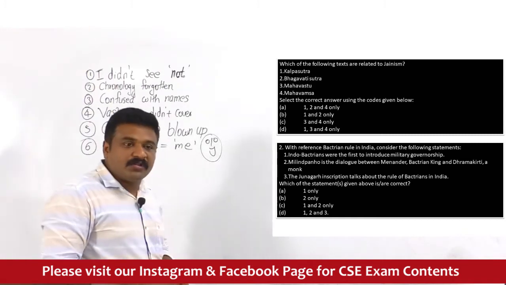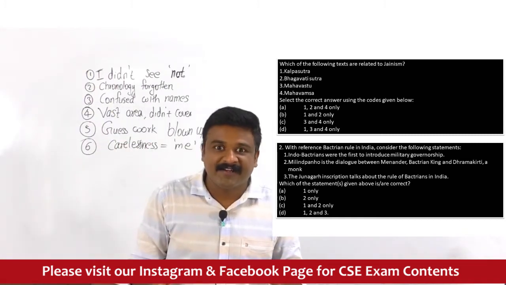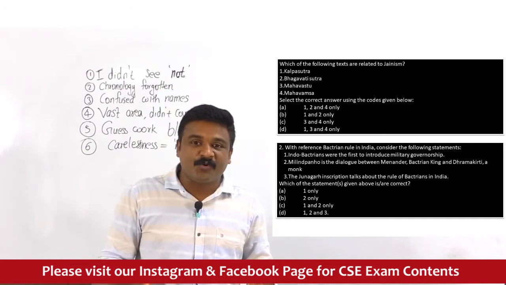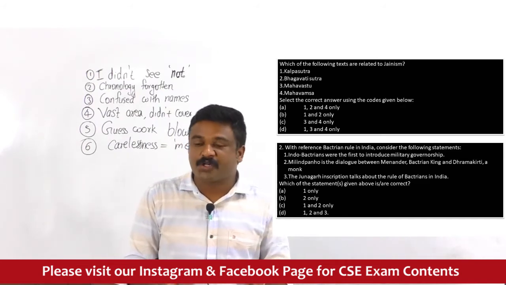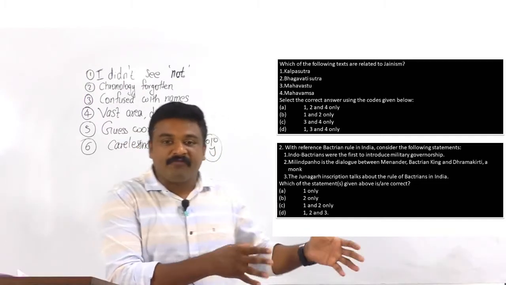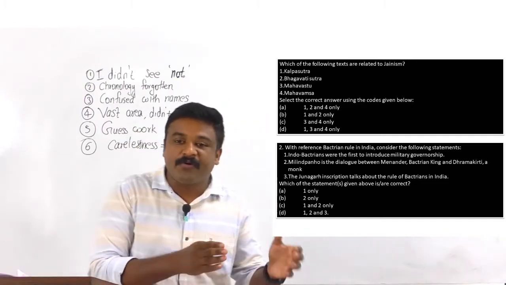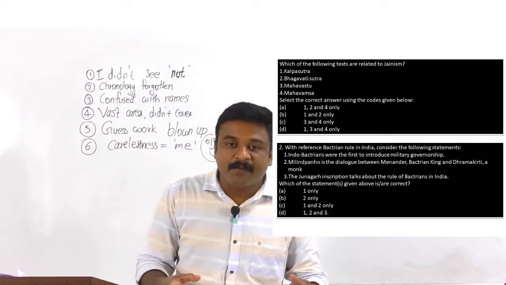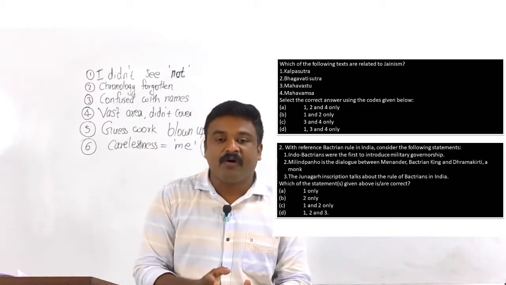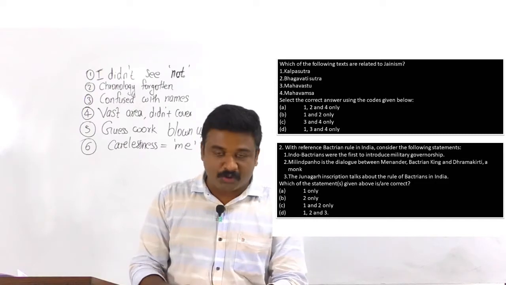Confused with the names, they say, sir, so many names are there, dynasties are there, kings are there, queens are there, their grandbabies are there. Actually, yes, many factual informations you have to learn in your environmental science, in your economy, in your geography, in your science and tech, because the UPSC examination is a blend of conceptual questions and factual questions.